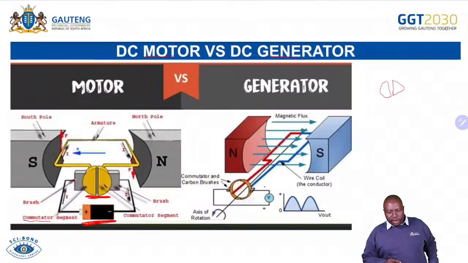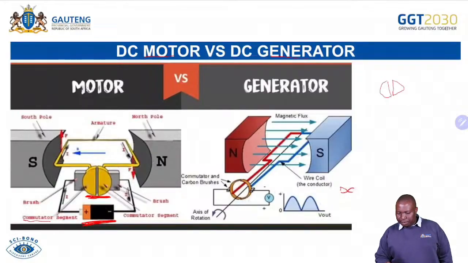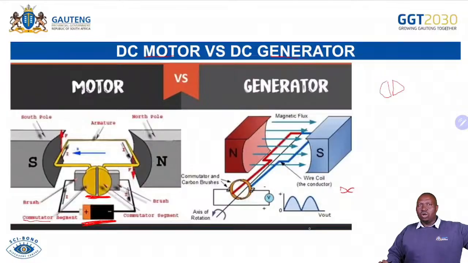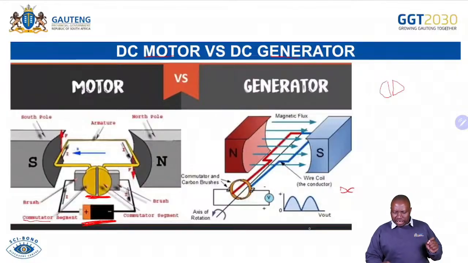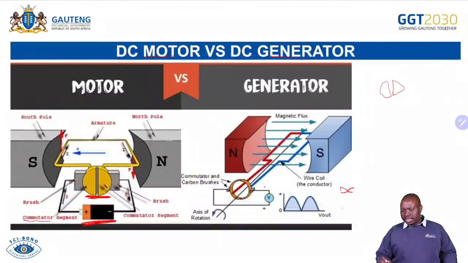And you are able to draw even the graph as well for direct current. For DC, the graph we are expecting, we always refer to it as a jumping frog, so that you remember. For DC, the graph will be like that. But if we're talking about alternating, you will see that your graph is sinusoidal.